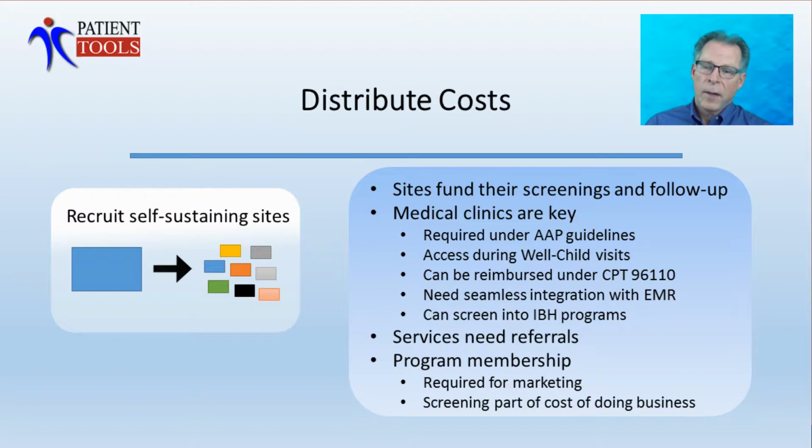And then you start thinking about things like this program membership. It ends up almost like a marketing cost for a lot of these programs to do screening. And so to a large extent, even if they can't get reimbursed, they're going to do it just from the standpoint of process within their organization, meeting their AAP guidelines.